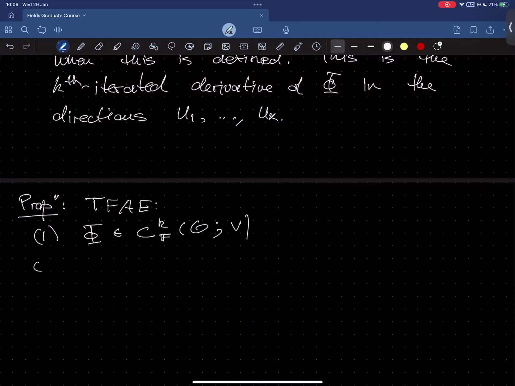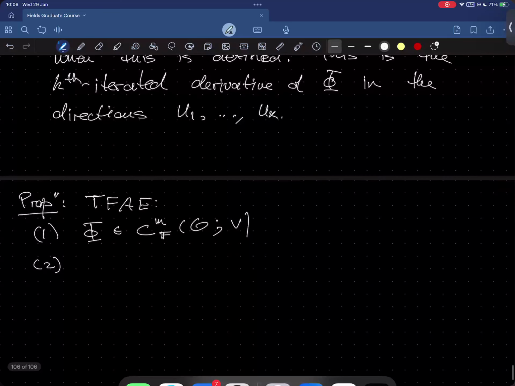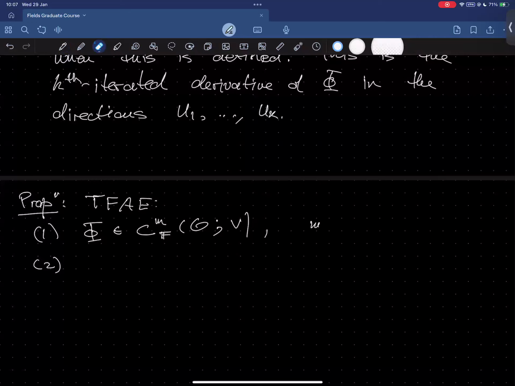For the second statement, I'm going to allow K to vary here, so phi is of class CM, where M, of course, is a positive integer.